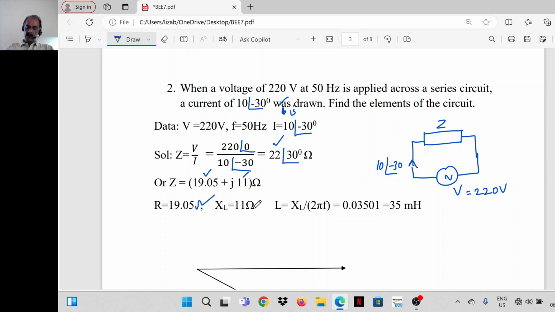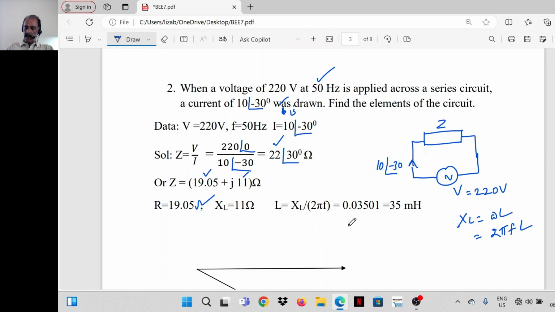So XL is 11 ohm, and the frequency is given as 50 hertz. The value of the inductance is XL divided by 2 pi f, because XL is equal to omega L, or 2 pi f L. So L is XL divided by 2 pi f.